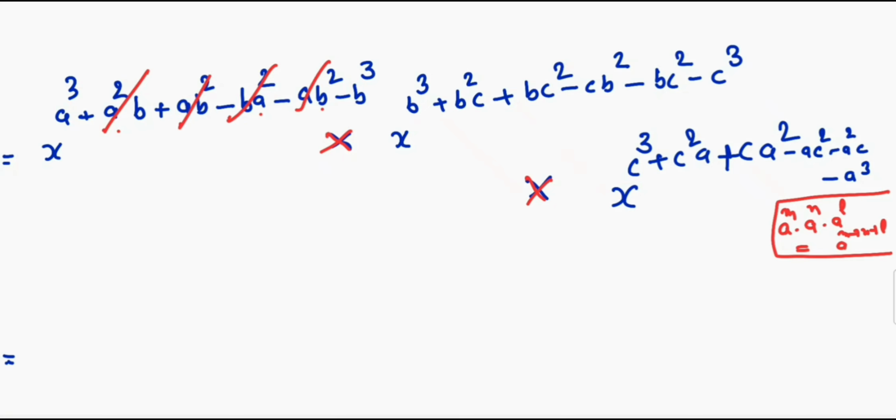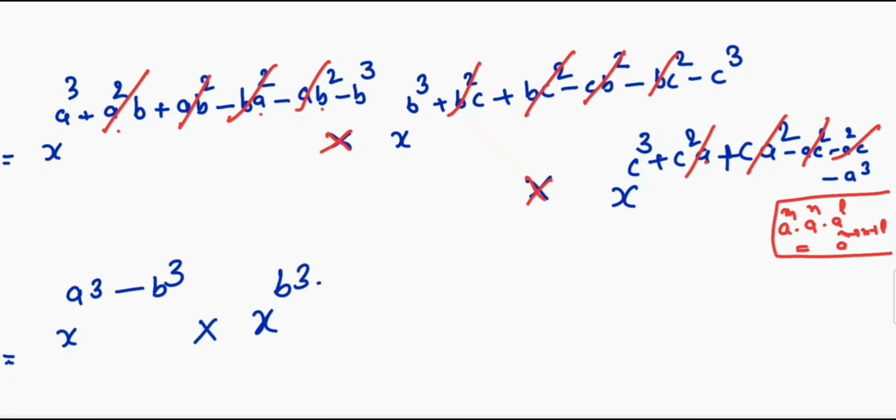Similarly here also b²c will get cancelled with this and bc² will get cancelled with this, and c²a will get cancelled with this and this will get cancelled with this. So we are left with x raised to power a³ − b³ multiplied by x raised to power b³ − c³ multiplied by x raised to power c³ − a³.